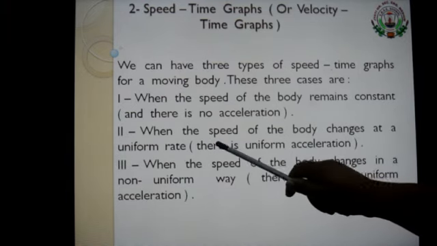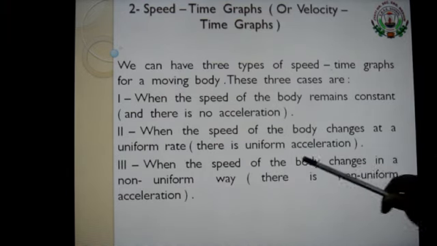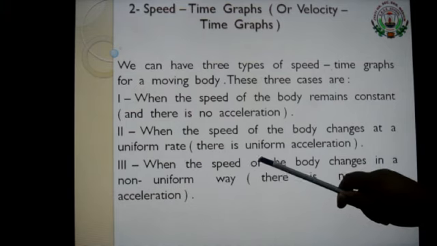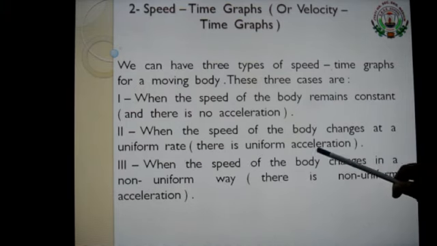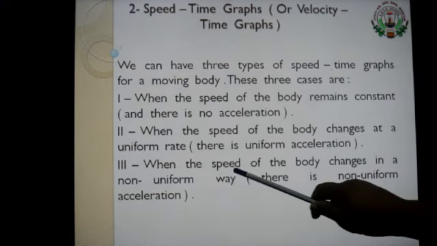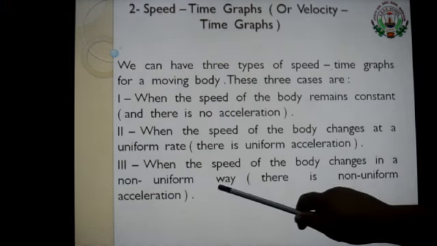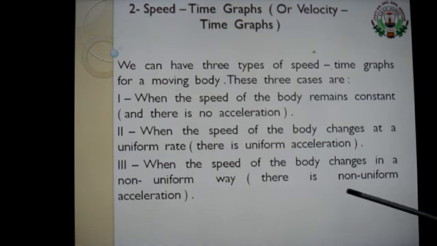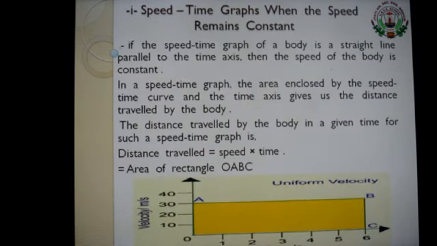Second, when the speed of the body changes at a uniform rate, then there is uniform acceleration. And third, when the speed of the body changes in a non-uniform way, there is no uniform acceleration. We will see these three cases one by one.